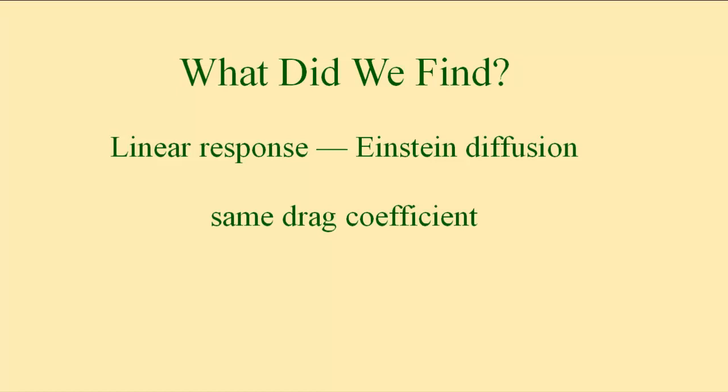The key question is whether we are really in the linear response regime, the low electrical field regime, before we hit things like the I conformation and a mobility that depends on E. If we are, then the arguments of Einstein and his derivation of the diffusion equation apply, and the motion of the polyelectrolyte, the driven motion due to the very weak electrical field, and the diffusive motion of the same chain under the same conditions must use the same drag coefficient and the same mechanisms. That's the fundamental part of linear response theory.